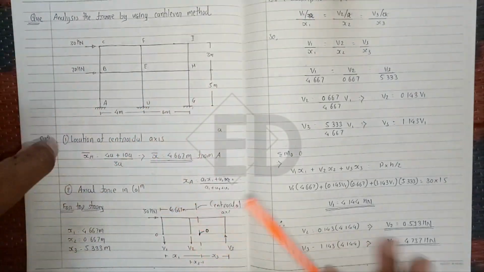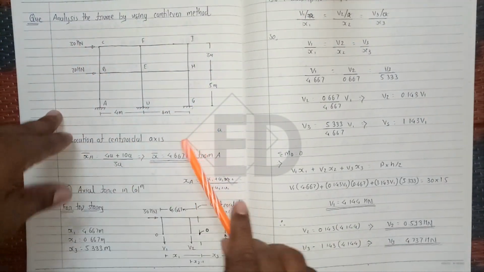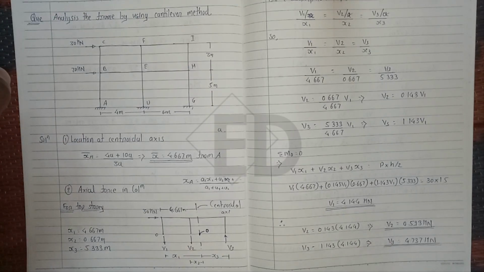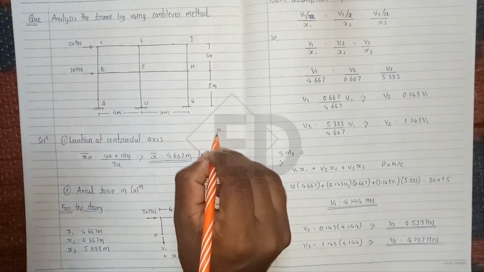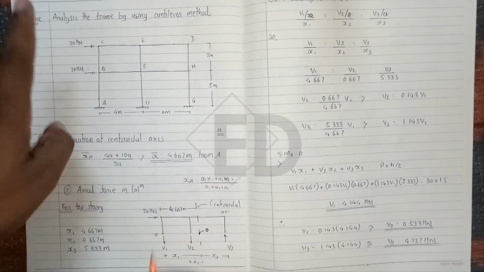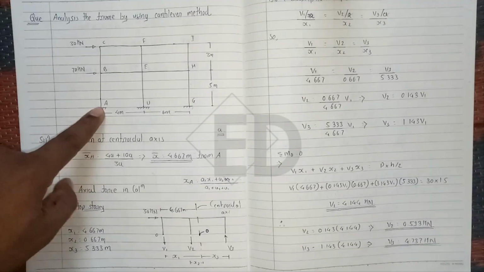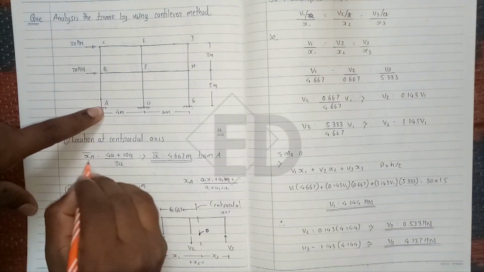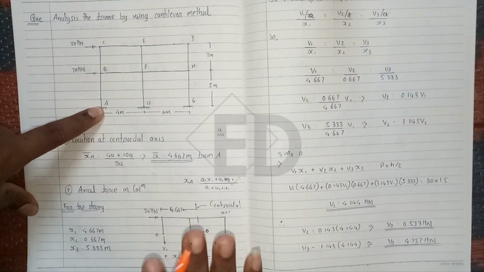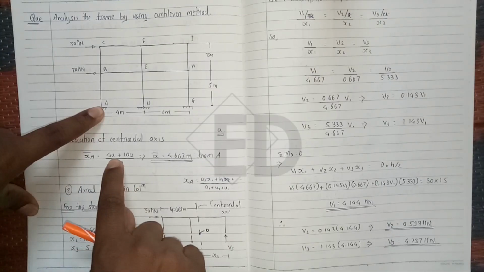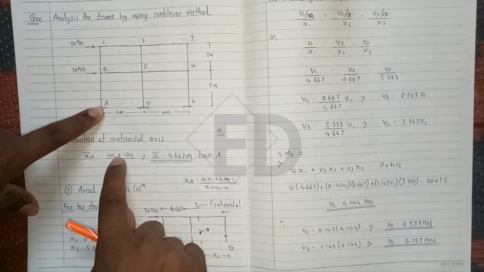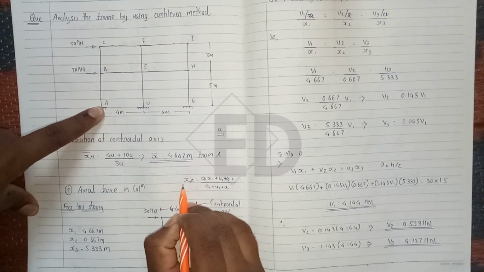Here just assume that all the members have the same cross section, meaning the area is the same. Let me represent all the areas by A, and we take this column as a reference point. Hence we take x bar A equals 4A, where 4 is the distance and A is the area.